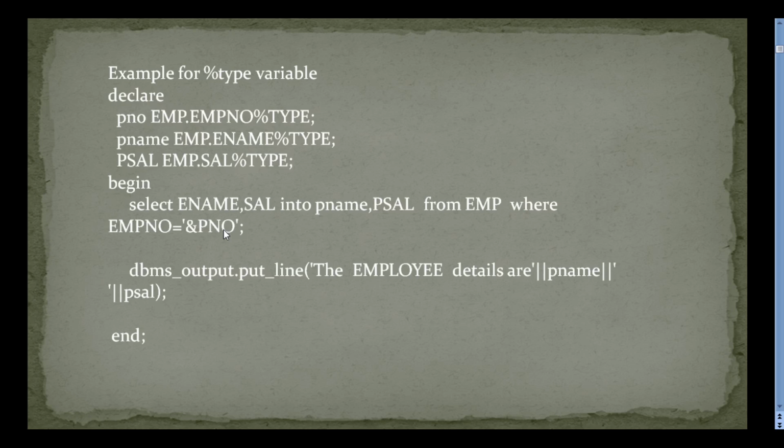Whatever number you enter, that employee's details are retrieved into the program variables PNAME and PSAL, and this statement displays those values. The employee details are PNAME and PSAL. What is the output statement here? DBMS_OUTPUT.PUT_LINE.